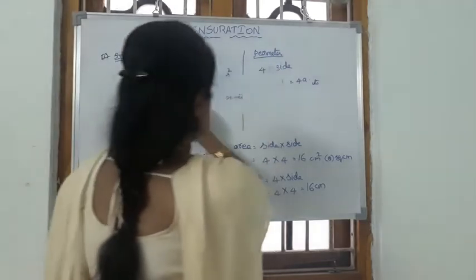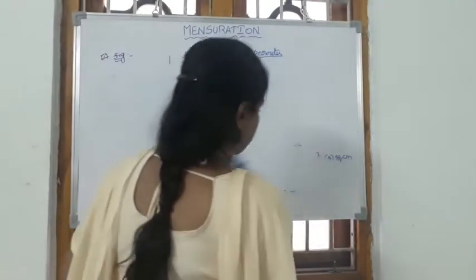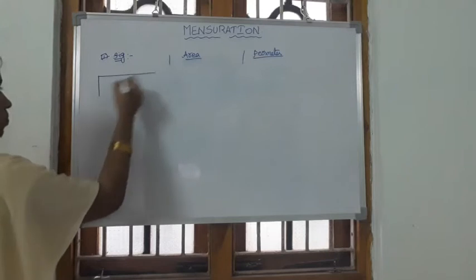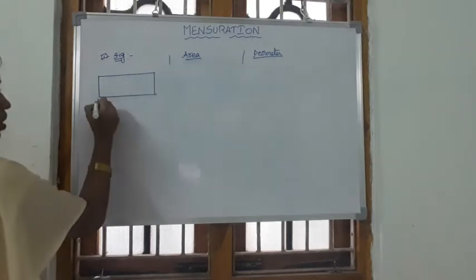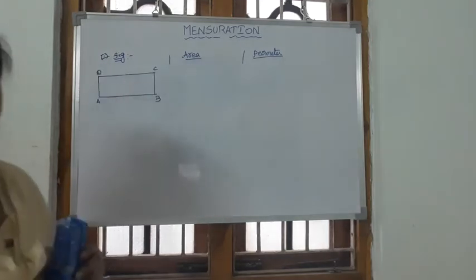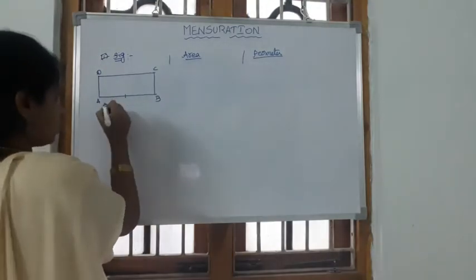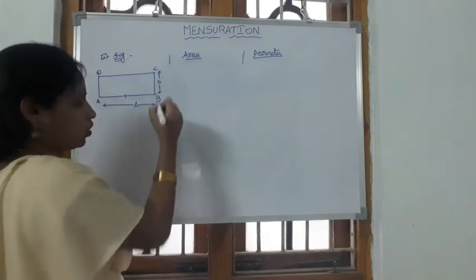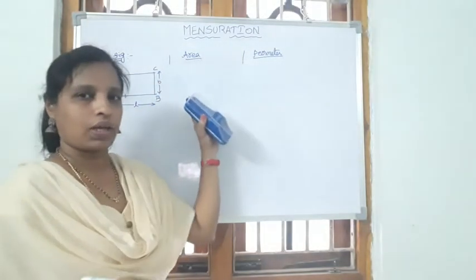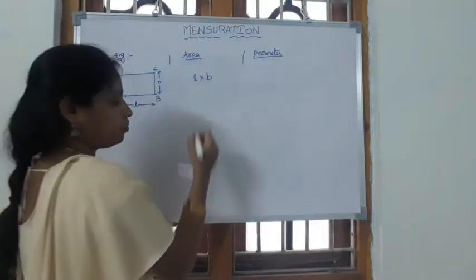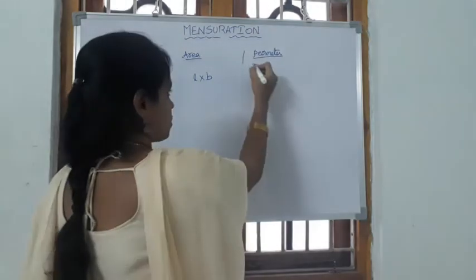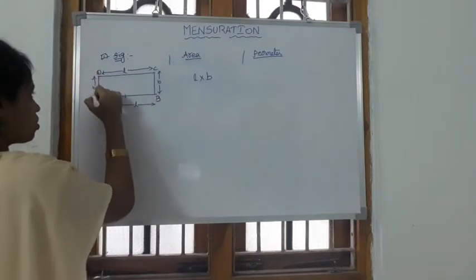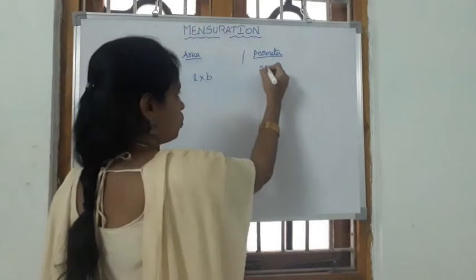Next figure is rectangle. This is rectangle A, B, C, D. This is the length of the rectangle denoted by L, and this is the breadth of the rectangle denoted by B. Area of rectangle formula is length into breadth, and perimeter of rectangle, it has two lengths and two breadths, is 2L plus 2B.